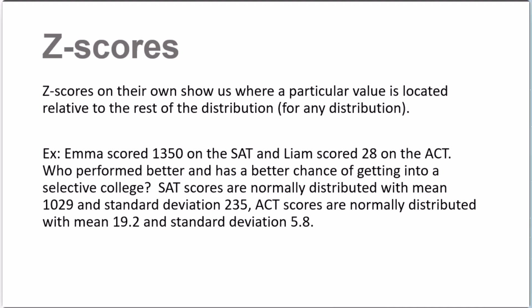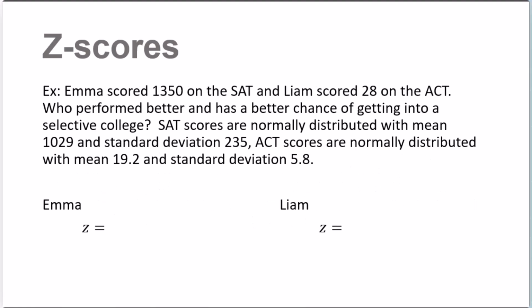So who performed better? I need to compare Emma's score relative to all the scores in the SAT and Liam's score relative to all the scores in the ACT. And I can do this with z-scores. So I'm going to compute Emma's z-score. That would be her SAT score, 1350.